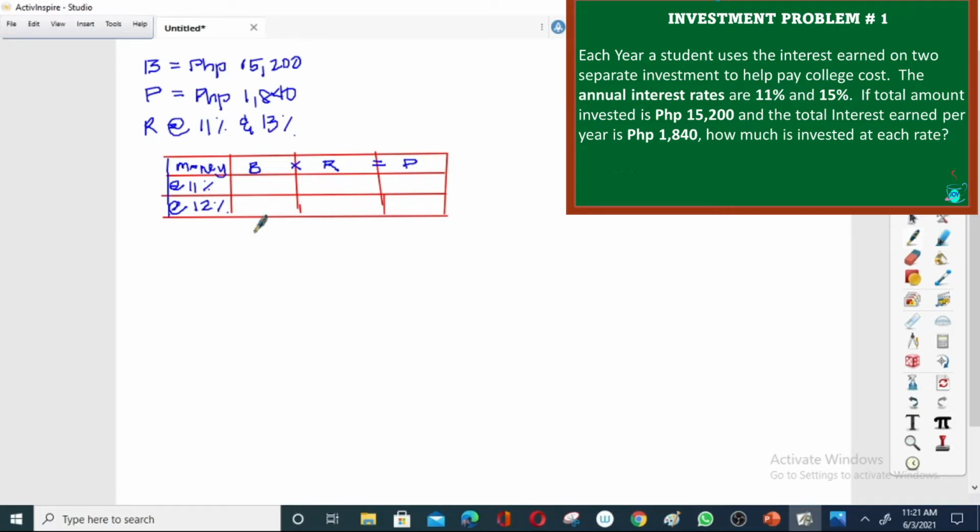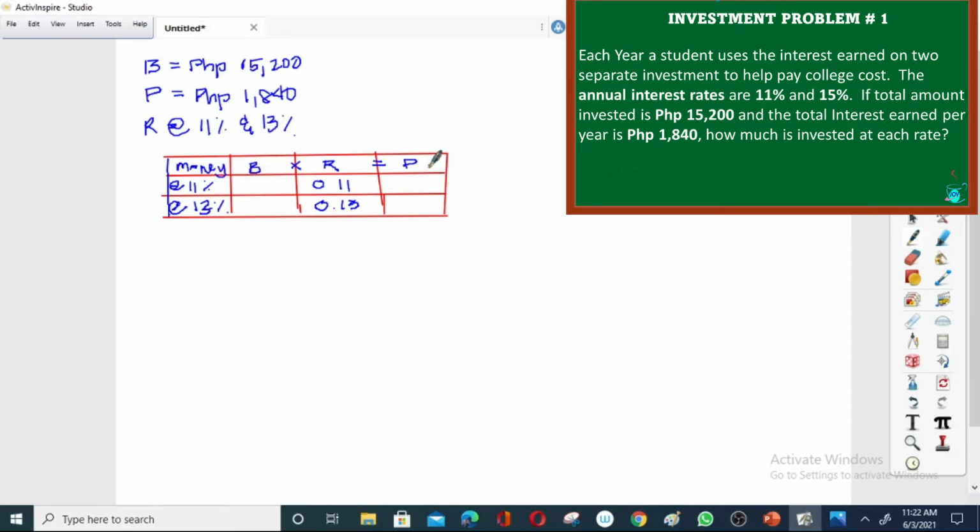What is the value of the rate? We just have to change it to decimal, so this is 13%.